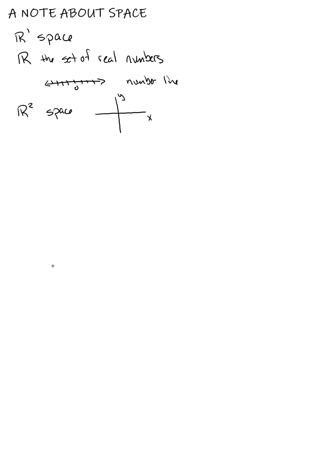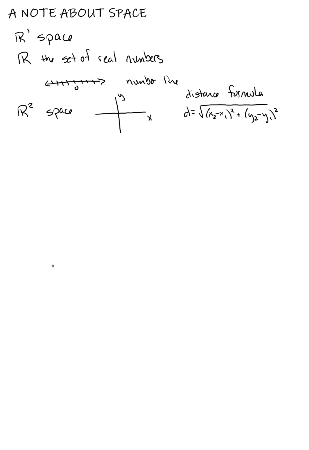There is a distance formula that you might be familiar with. D is equal to the square root of x2 minus x1 quantity squared plus y2 minus y1 quantity squared. That's what it looks like in R2 space.